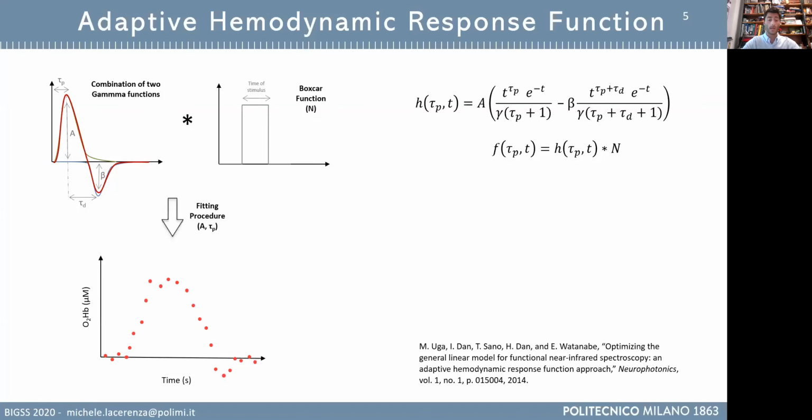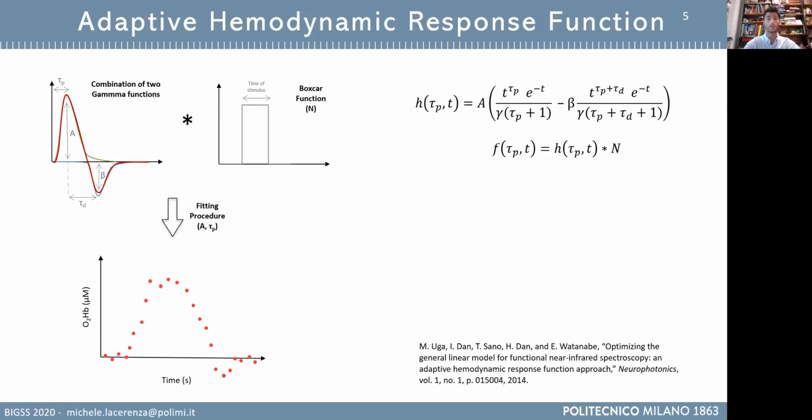Once we have the raw data retrieved from our experiment, such as the one on the bottom left, that simulates the activation of our tissue, we see that when an activation occurs, the oxygenated hemoglobin increases its concentration during the task, and the deoxygenated hemoglobin decreases. In this case, we have oxyhemoglobin as an example.